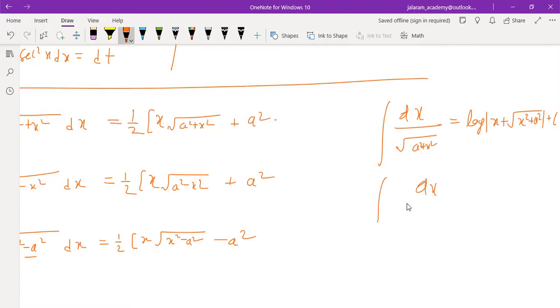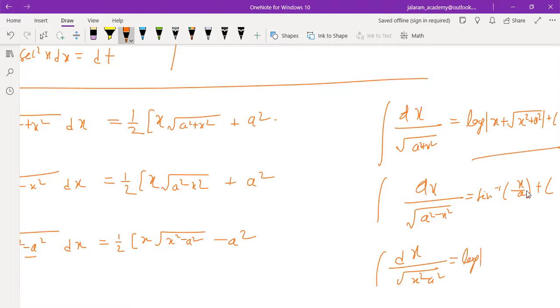And integration of dx upon root a square minus x square, we know that it is sine inverse of x by a plus c. And one more, dx upon root x square minus a square, is just like the first formula: log x plus, in place of plus there will be only minus, plus c.